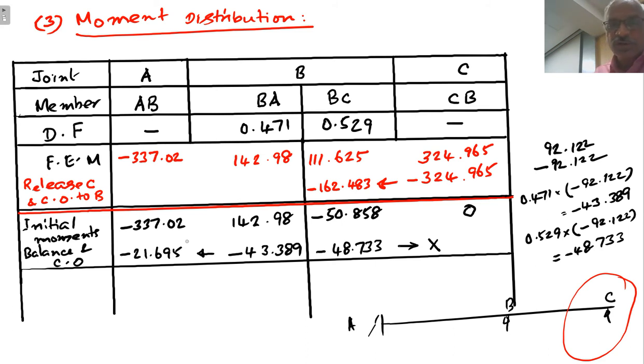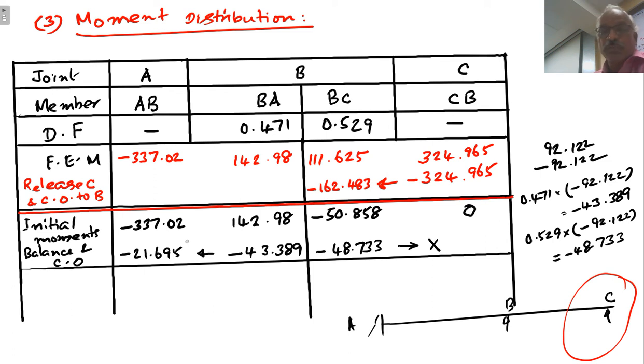Before that, I want to tell you one more point. Now, we have balanced joint C. Hereafter, you are not going to balance joint C or joint A. Suppose joint A contains two members, then there will be a balancing of joint A, balancing of joint C, etc. Here, there is only one member at each of those joints.